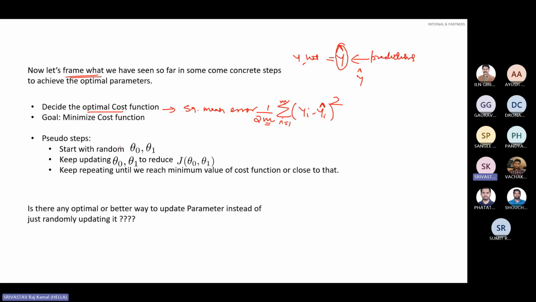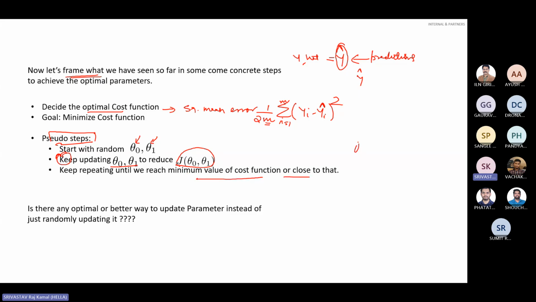So the pseudo steps are: initially we start with some random theta 0, theta 1. We pick any random theta 0, theta 1. The goal is to update theta 0, theta 1 so that we reduce this cost function value. We keep repeating this step until we reach the minimum value of the cost function, or close to that.